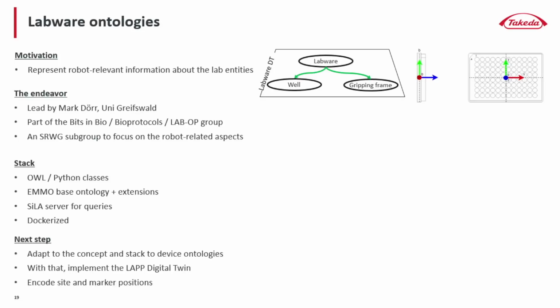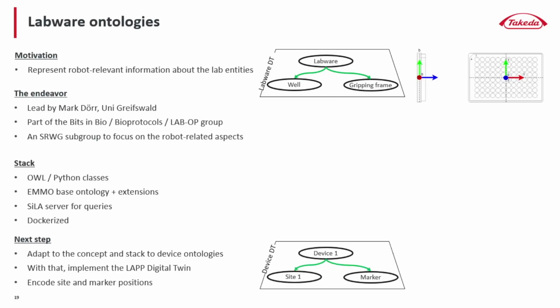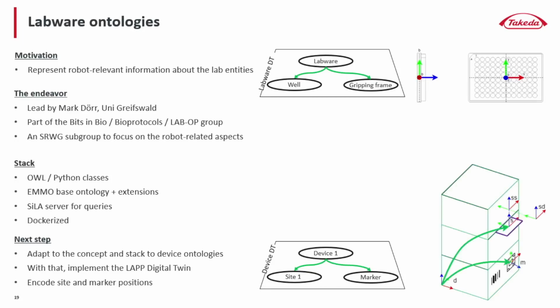So the next step is to use the same approach, the same framework, and create a similar ontology for devices. And there, again, we need to represent the positions, the teaching points, basically, for the robot with relation to a device coordinate system and by considering the position of the marker, either optical or physical touch marker.